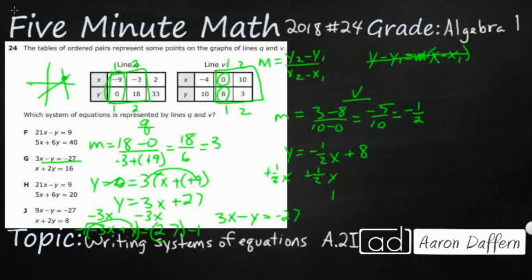That's going to be 1/2 x plus y equals 8. So we need to multiply both sides by 2 to get rid of this fraction. That's going to distribute out, so that's going to be x plus 2y equals 16. And there we go.